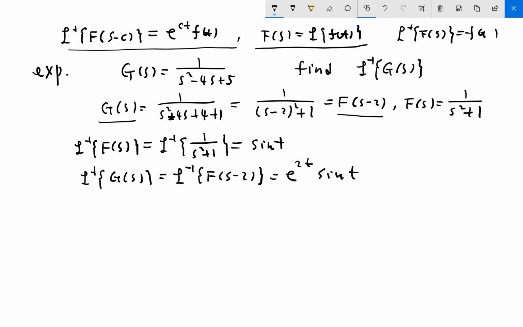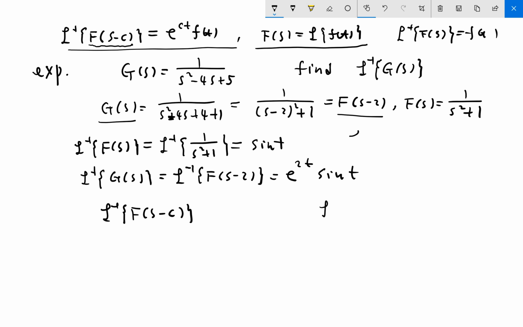This is a little bit confusing. You need to work hard for it and do many practice problems. Again, what does this formula mean? To find the inverse Laplace transform of F of s minus c, what do you need to do?